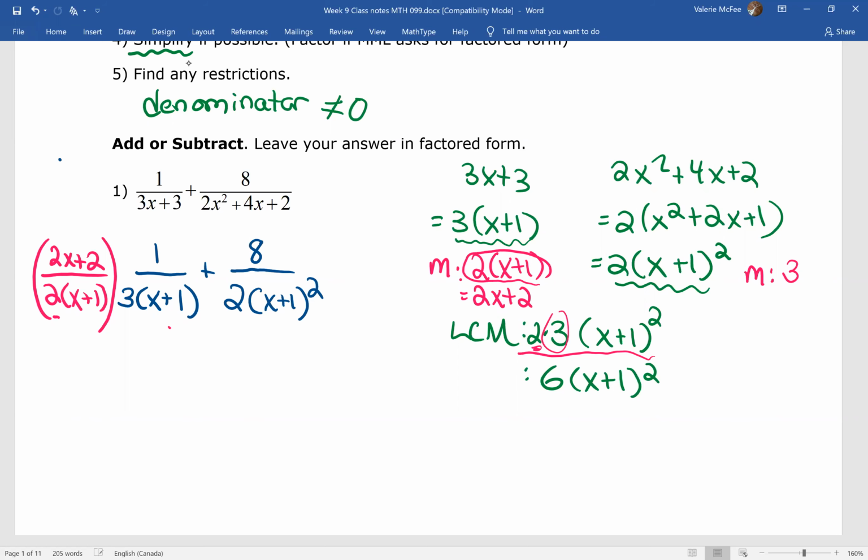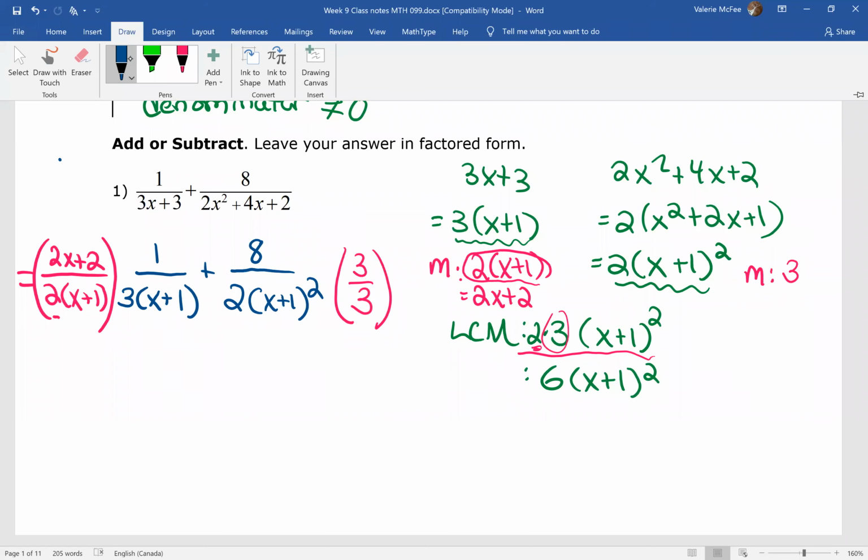I've just opened the brackets. When I write my missing factor of 3 here, I see the denominator has all of the factors, 2 times 3 and 2 factors of x plus 1. Put your equal sign at the left side there.